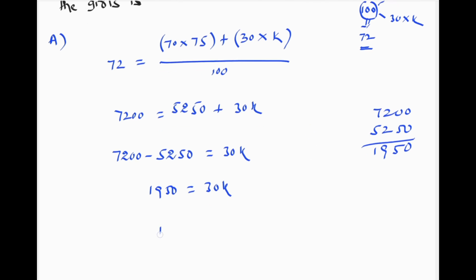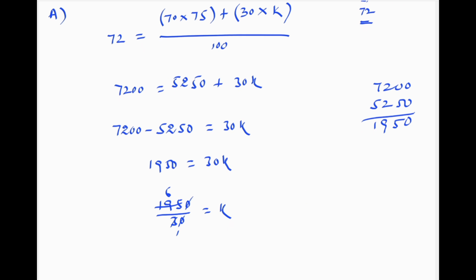On transposing, 1950 by 30 is equal to k. So k will be equal to 65. So the average of 30 girls will be 65.